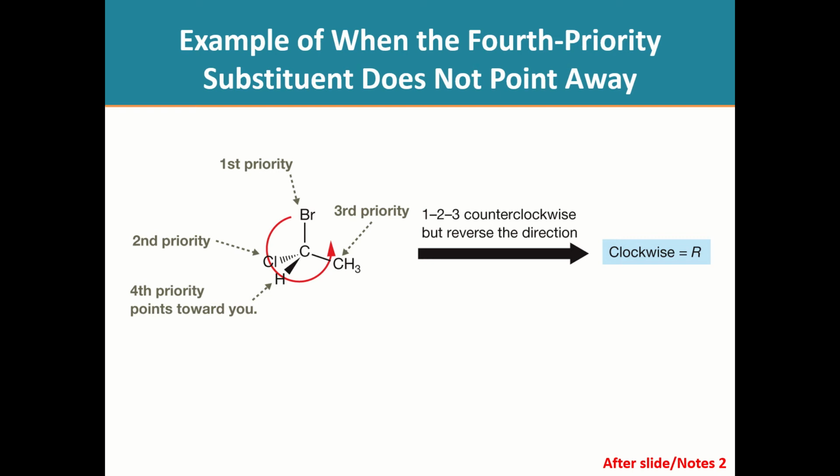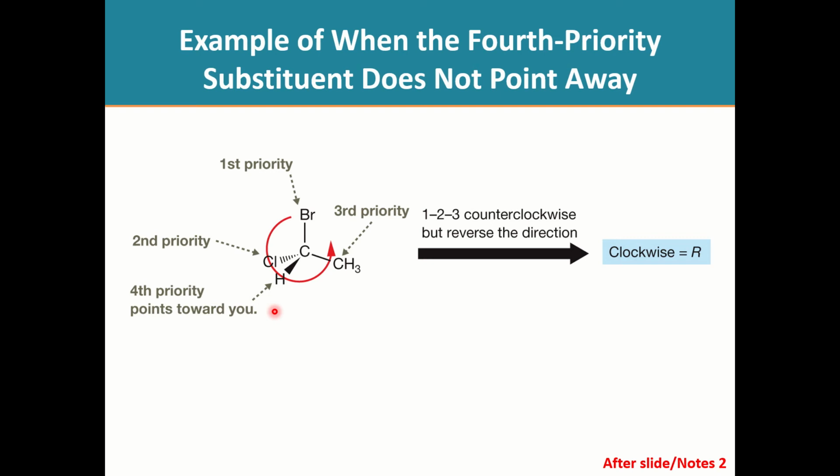So step 1, we have to prioritize all the groups. And we see that we have prioritized things correctly. Bromine is the largest, chlorine's the next, the carbon is third, and hydrogen's the fourth. Step 2 states that we need to get the lowest priority group into the back, or the dash.